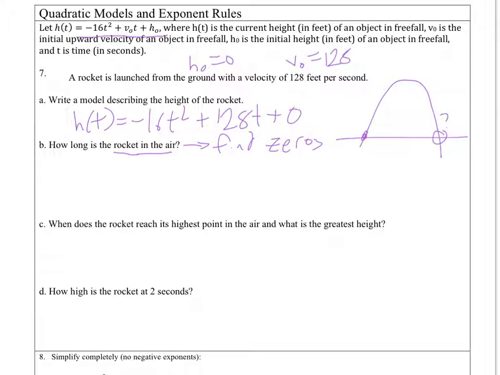So I'm going to set my equation equal to 0. So 0 is equal to negative 16t squared plus 128t. I can divide both of these pieces by negative 16.